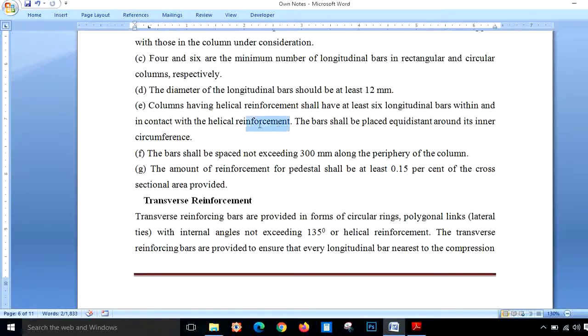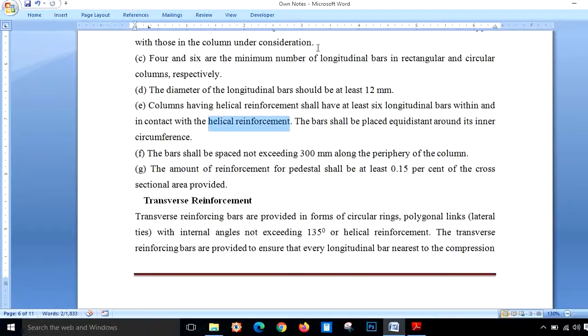So the helical reinforcement should be tied to all 6 minimum bars. The bars shall be placed equidistant along the inner circumference, at equal distance in the circumference of a circular column.